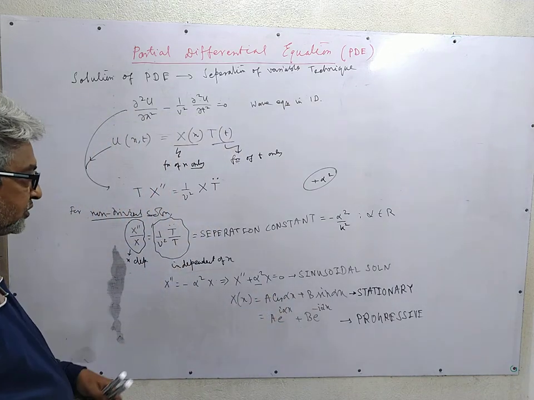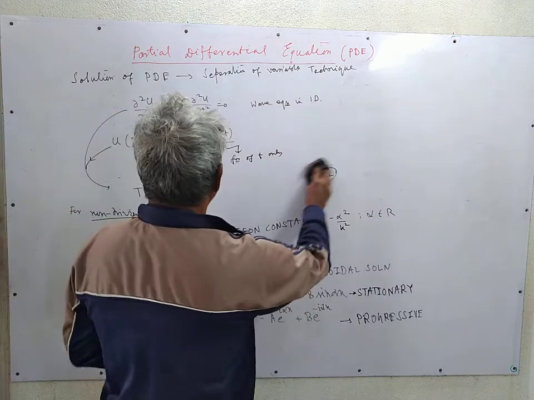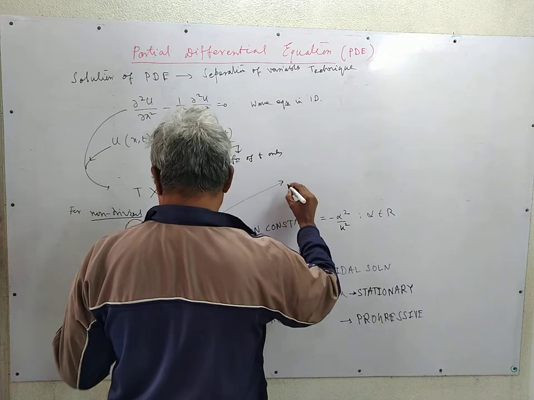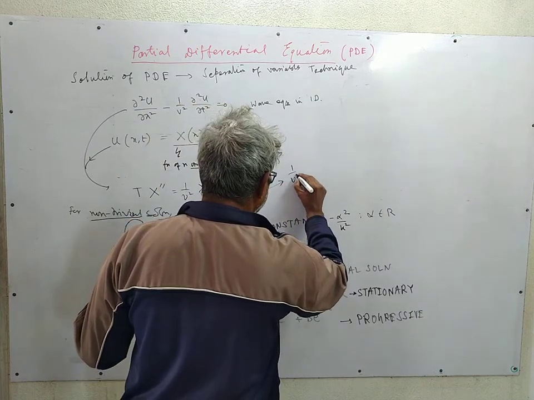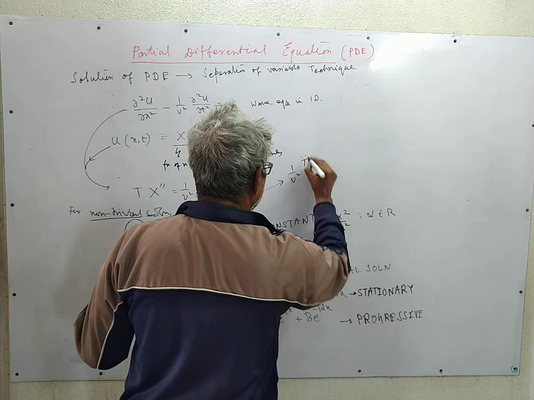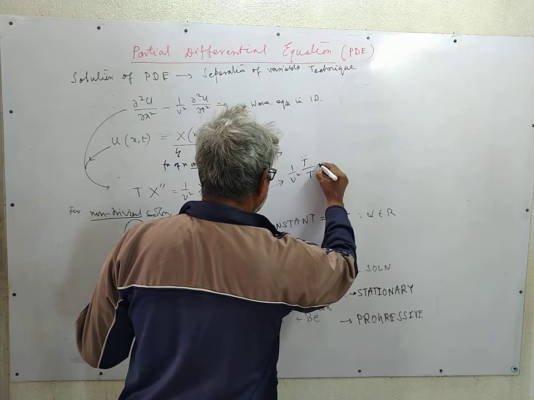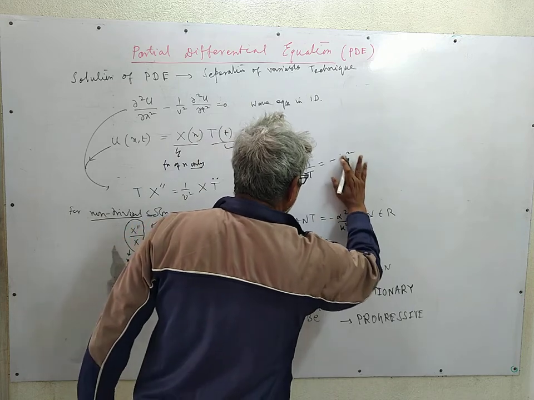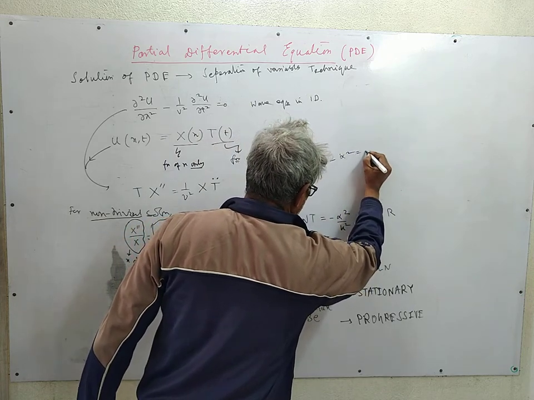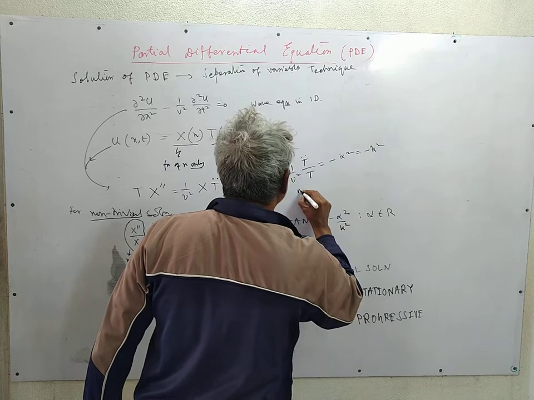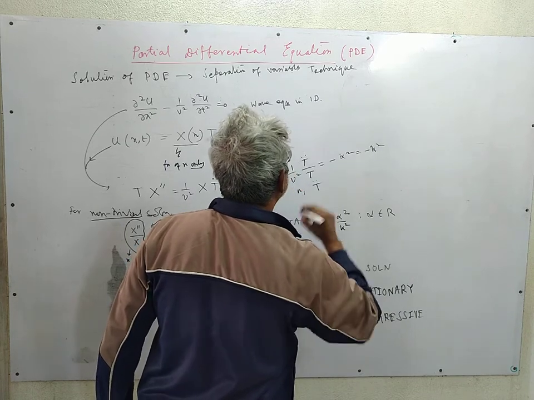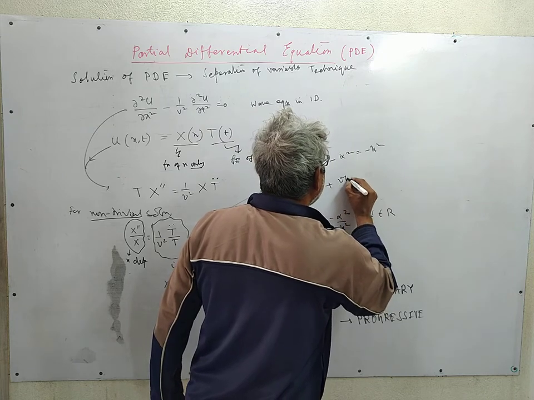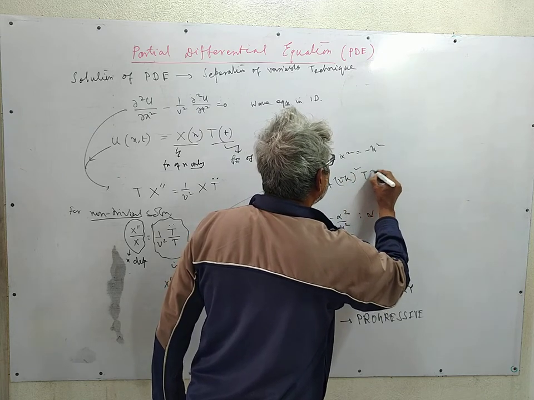Now the time equation is very obvious. From this we get the time equation to be 1 by v square T double prime by T is equal to minus k square. We used alpha square, and for this we write minus k square, or we get T double dot plus vk whole square T is equal to 0.